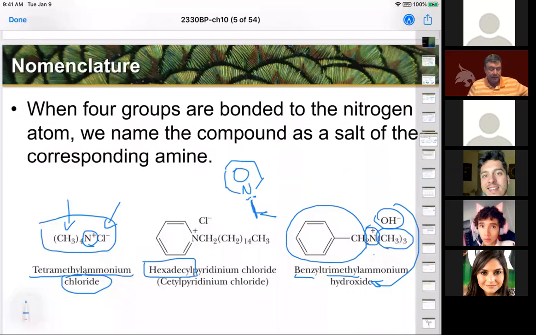It's hexadecyl, which makes it 16 carbons: hexa 6, decyl 10. And then the salt becomes part of the heterocycle here, which is called pyridine, so it's pyridinium. And then we have our counterbalancing ion here. That's how we name salts of nitrogen. Notice all of these, the nitrogen has a positive charge and there's always a counterbalancing ion.